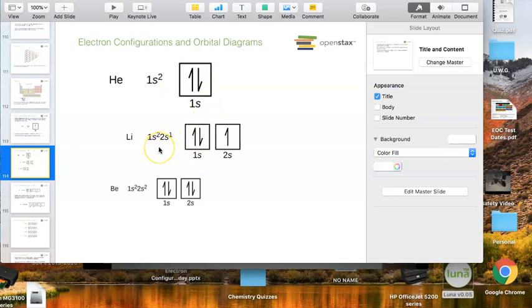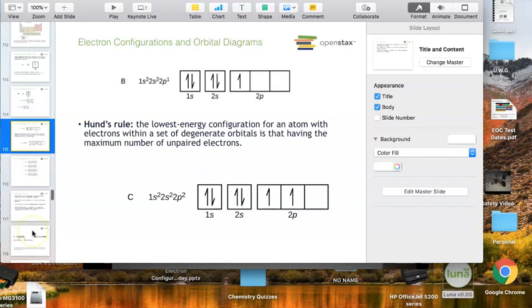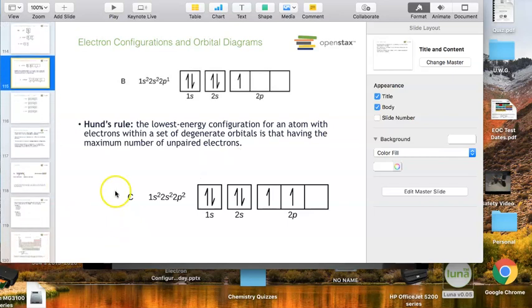All right, so electron configuration for lithium, 1s2, 2s1. Again, you can see the 2 electrons in the 1s orbital, and there's 1 electron in the 2s orbital. For beryllium, 1s2, 2s2. See how the boxes are put in such a way. All right, for boron, its electron configuration, 1s2, 2s2, 2p1.